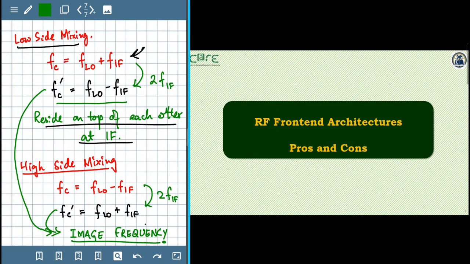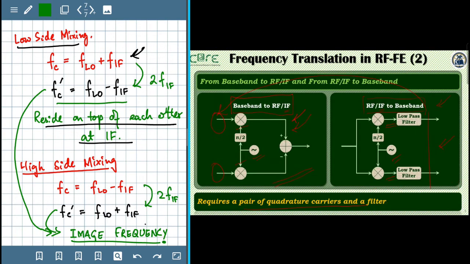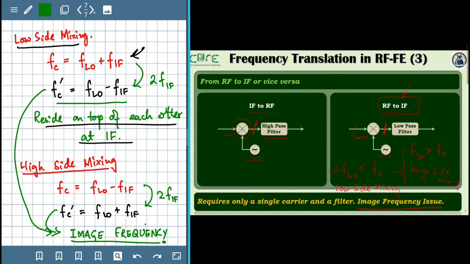Now, moving ahead, we have understood all the various basic fundamental operations of frequency translation. The frequency translation can happen in 2 steps. So baseband to IF, or the converse operation IF to baseband, is shown on this slide, and in the next slide we studied the intermediate process, the IF to RF or RF to IF.